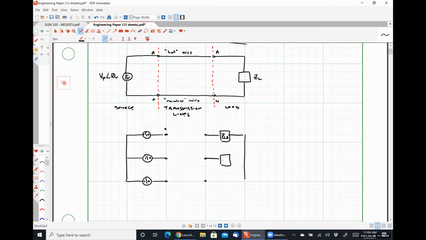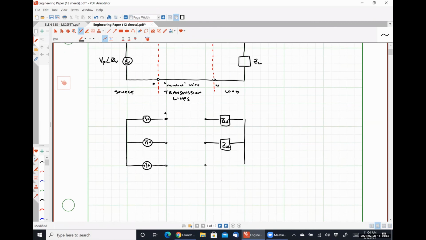Z load A, Z load B, and ZLC. A, B, C. Let's call this VP angle theta A, VP angle theta B, and VP angle theta C. This is our A phase transmission line, our B phase transmission line, and our C phase transmission line.